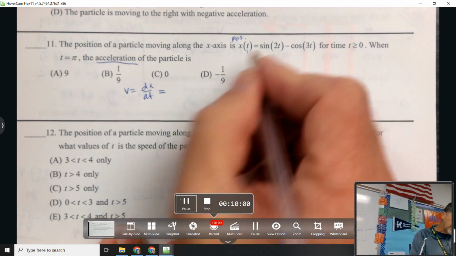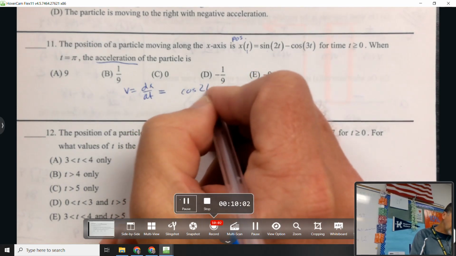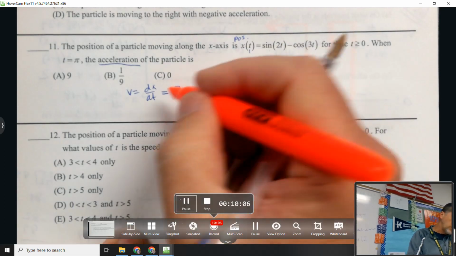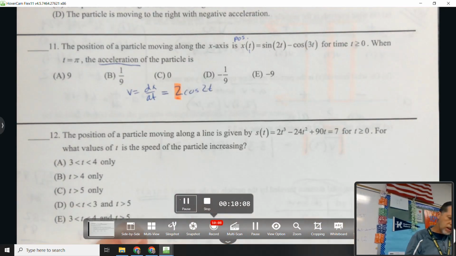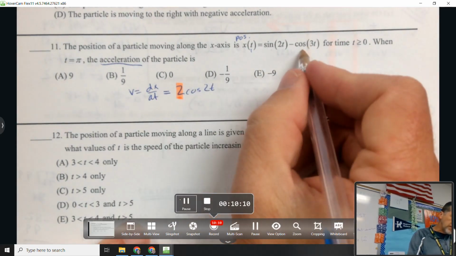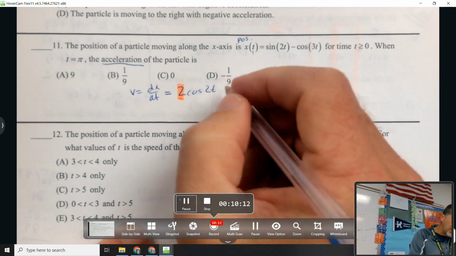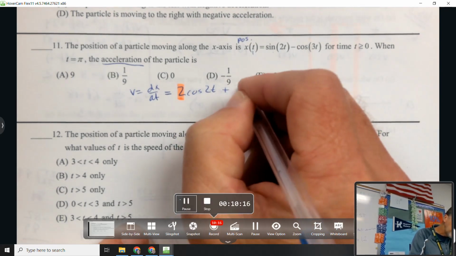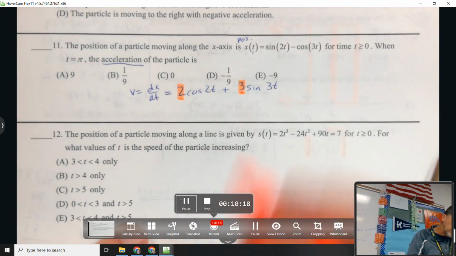So derivative of sine is cosine. Chain rule is 2. That's probably going to get some people with the chain rule part. The derivative of cosine is negative sine, so this becomes plus sine of 3t times 3 from the chain rule.